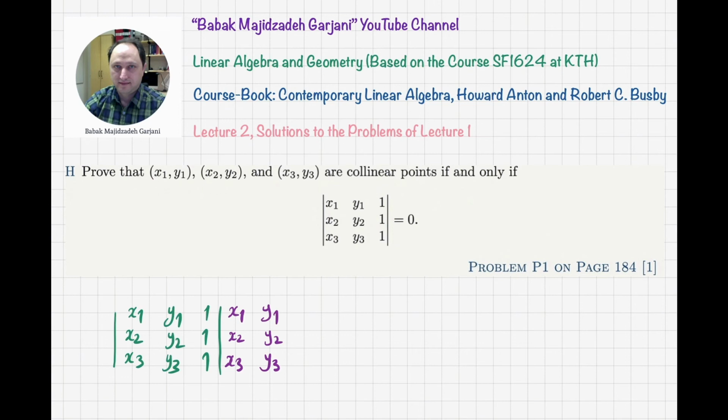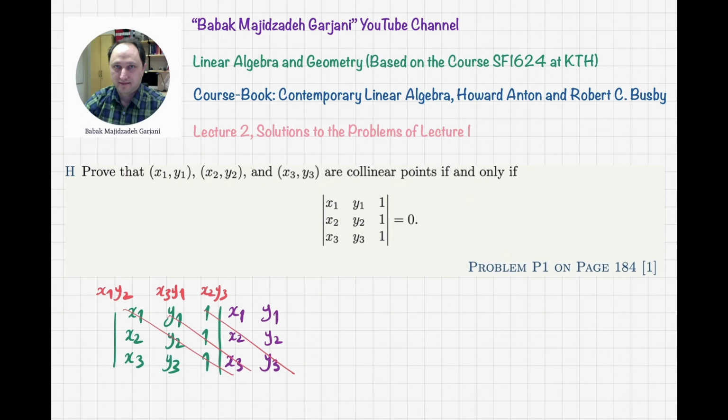And then I will multiply these, and then these three, and then these three. So the first one is x1, y2. The next one is x3, y1. And the next one is x2, y3.